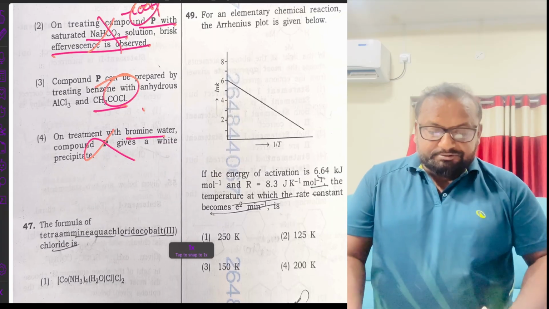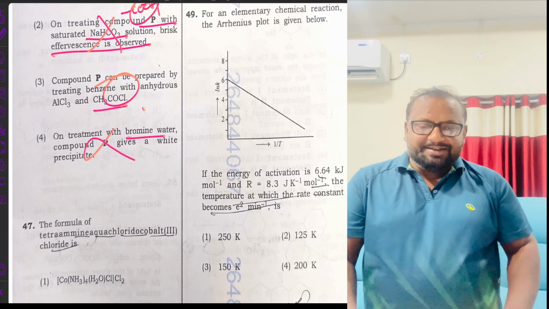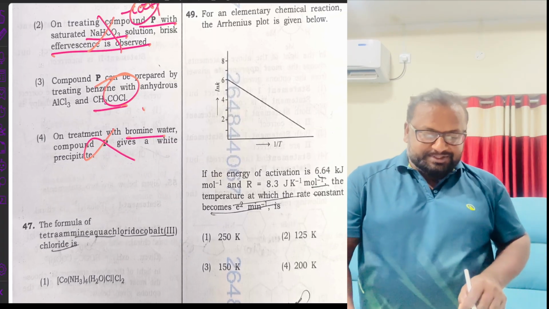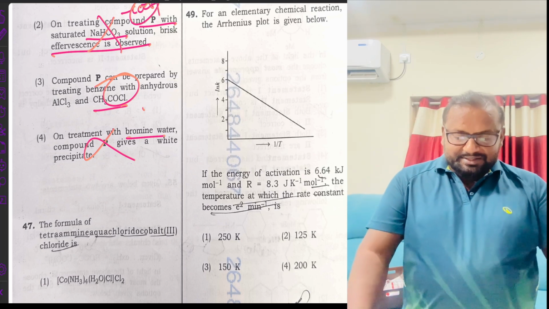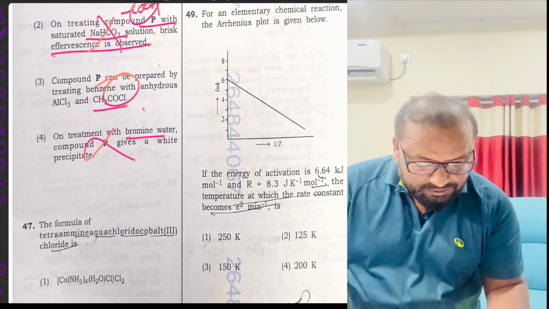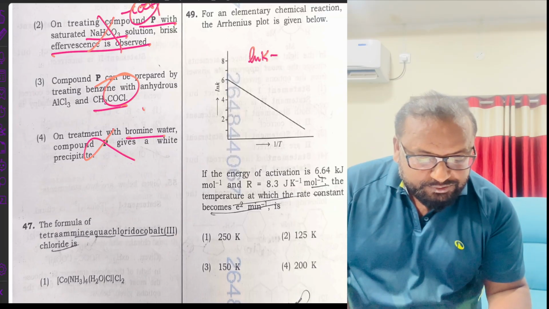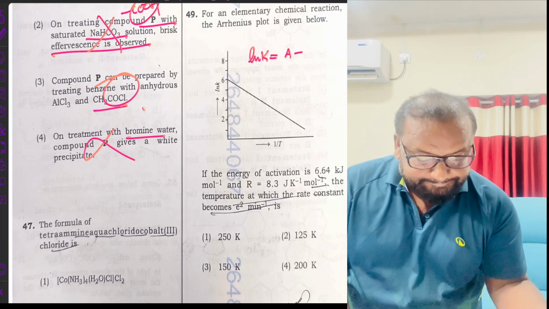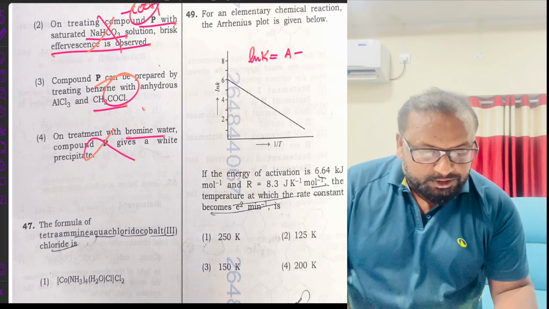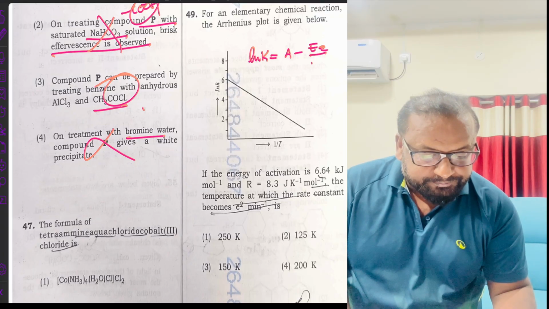Yeah, 49th question. This is again the tougher one in terms of BiPC students, but if you solve it, it's easy. The Arrhenius equation is ln k equals ln A minus Ea by RT.